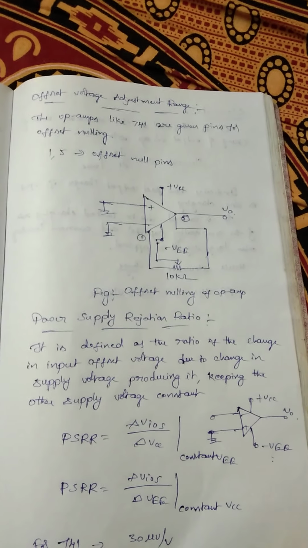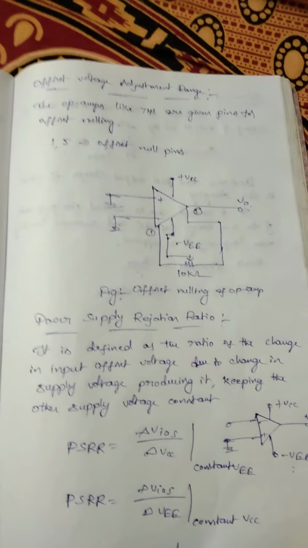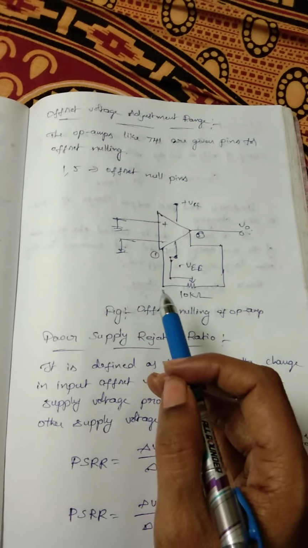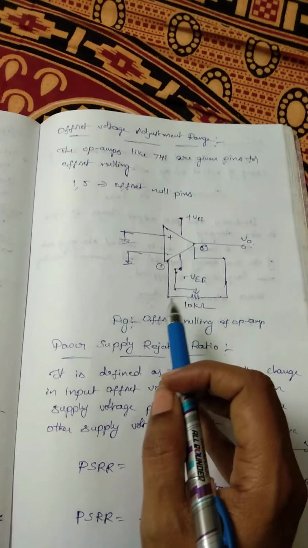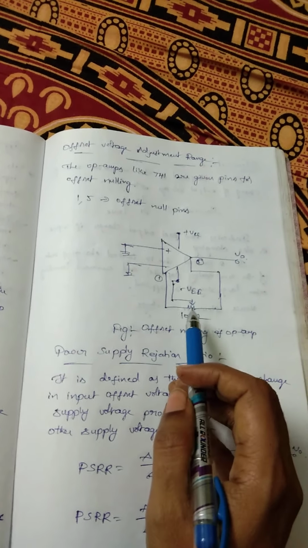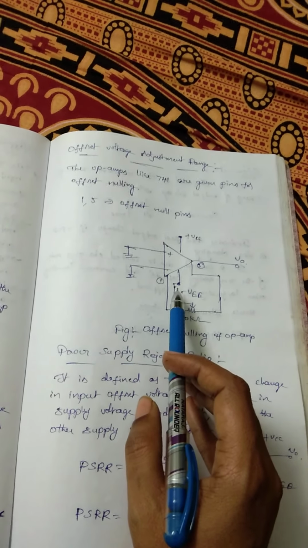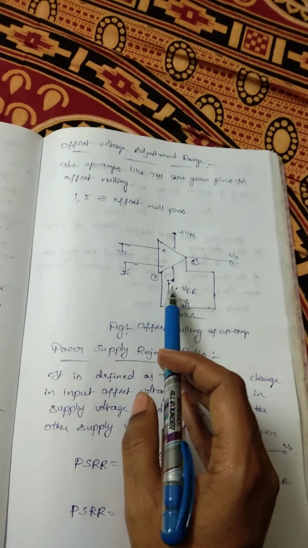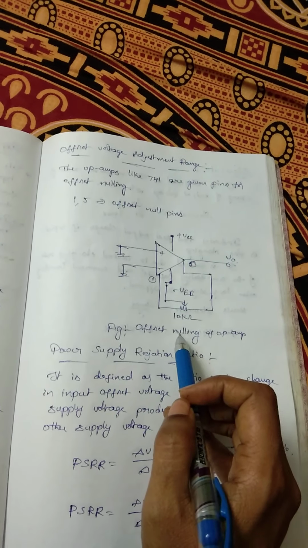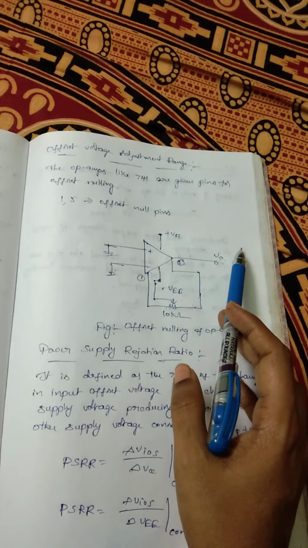We connect a 10 kilo ohm potentiometer between pins 1 and 5, and the potentiometer is also connected to the other supply, that is minus VEE. Here, by varying the potentiometer, the output can be adjusted to 0.